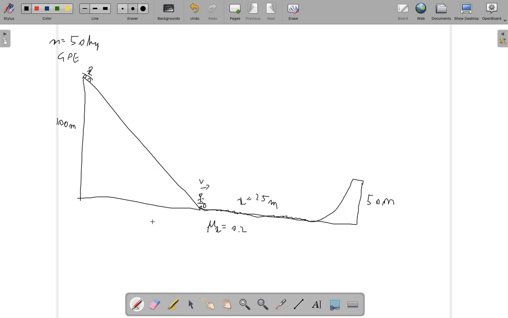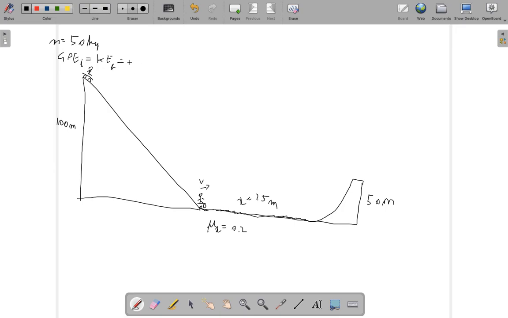This is frictionless. There's only gravity bringing him down. He's not pushing out anything, which means our potential energy initial will be equal to our kinetic energy at the bottom of the ramp, our kinetic energy final.